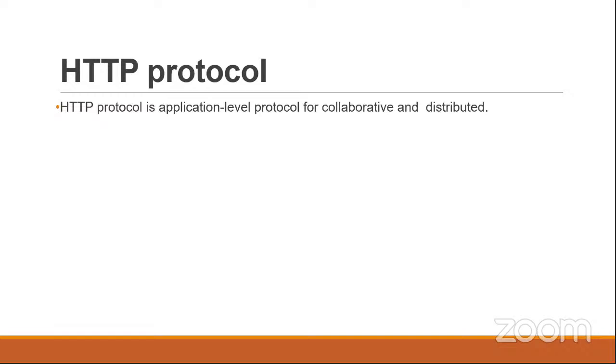Specifically, it's used for transmitting data over the net or the web between different systems, or we can say computers or any electronic device. Right. Yes, the HTTP protocol is an application level protocol. So the main intention is for collaboration and for distribution.